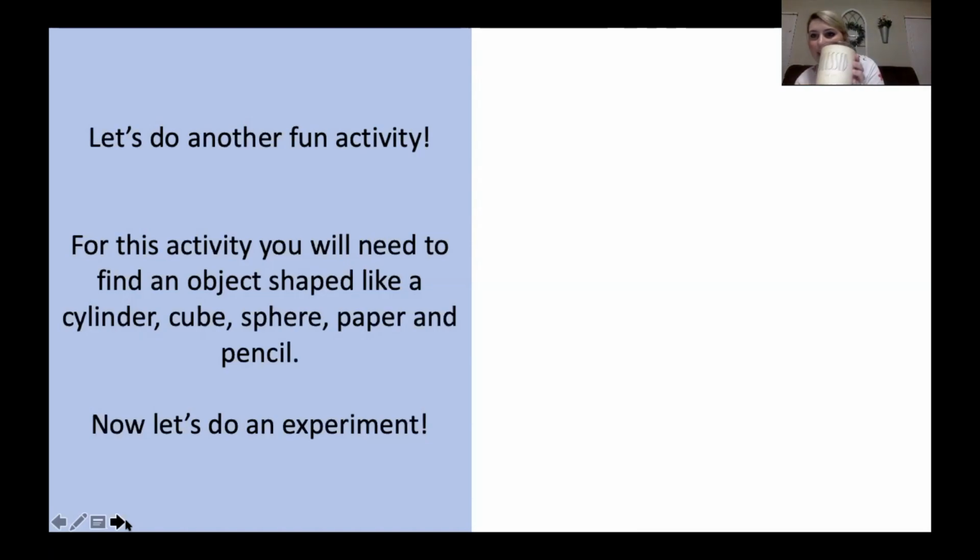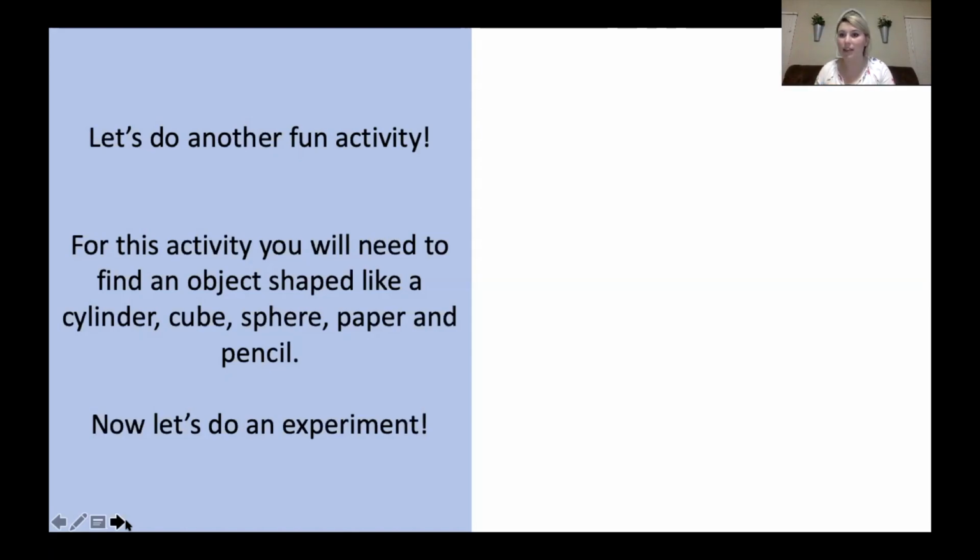I have a candle. And so what you're gonna do with your 3D shape is you're gonna lay it on your paper, just like this, and you're gonna draw a trace around it, and you're gonna see what shape the face looks like.